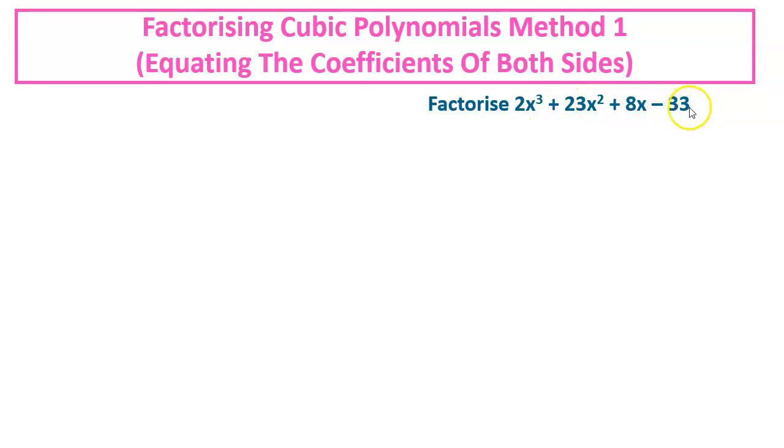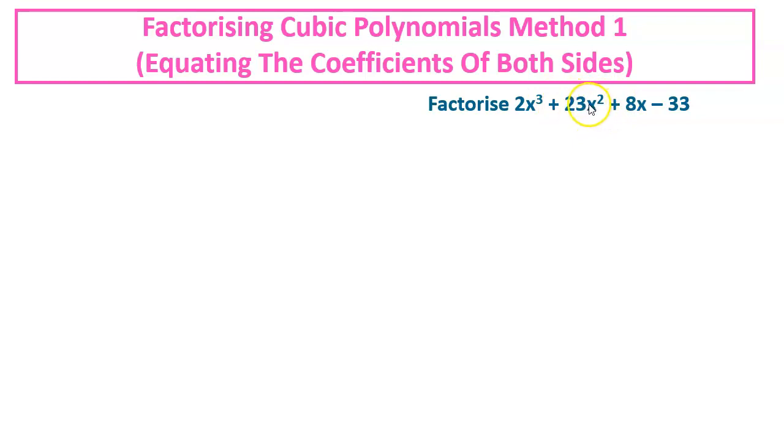The power of the variable x in the constant term is of course 0, because anything raised to the power of 0 is equal to 1. So negative 33 can be thought of as negative 33 times x to the power of 0. So we have every power of x starting from the power 3.